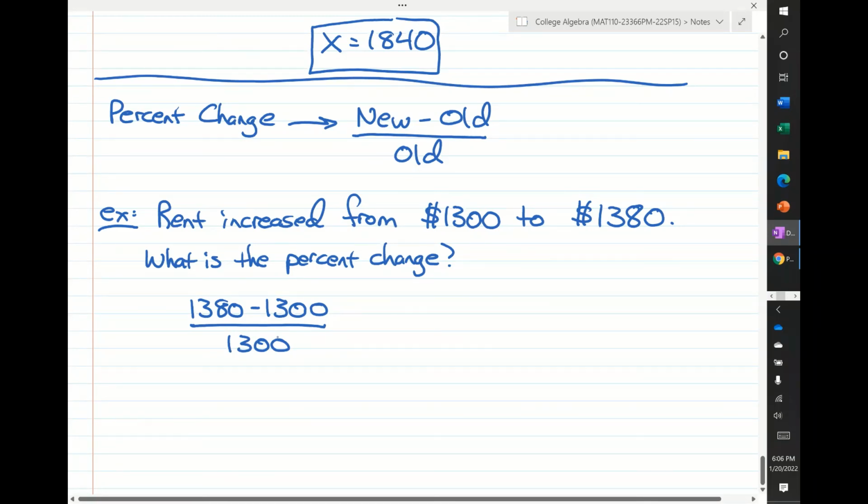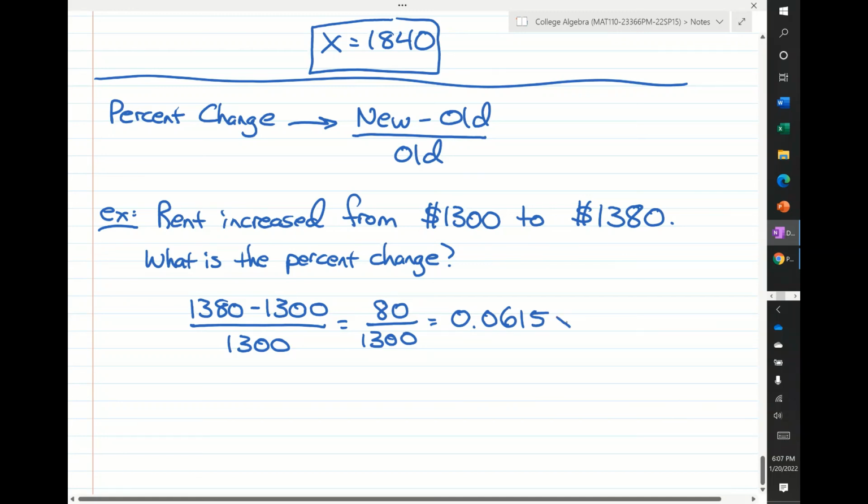When we're doing stuff like this, we just do it in little pieces. So first I'm going to do 1380 minus 1300, which is 80. On my calculator, it's 80 divided by 1300, which comes out to 0.0615.